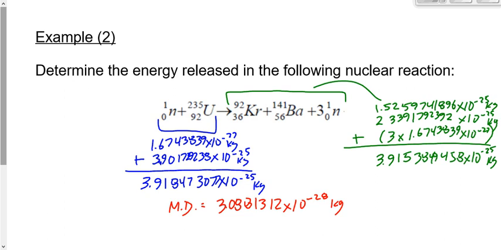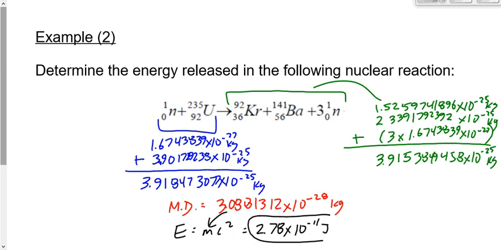You subtract the mass of the nucleus from the mass of the nucleons, or you subtract the mass of the products from the mass of the reactants, depending upon the context. And then energy is just mc squared. We'll take the mass defect and multiply it by the speed of light squared. And when I do that, I get 2.78 times 10 to the minus 11 joules, which of course we can convert to electron volts if we needed to.